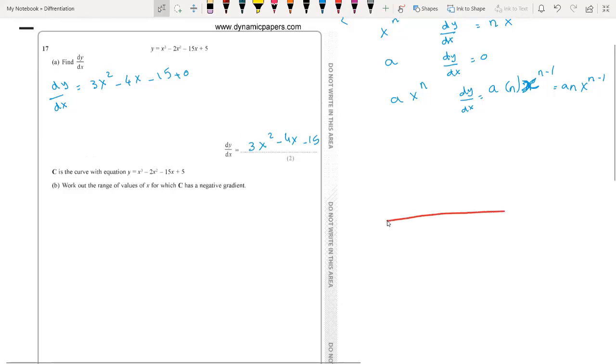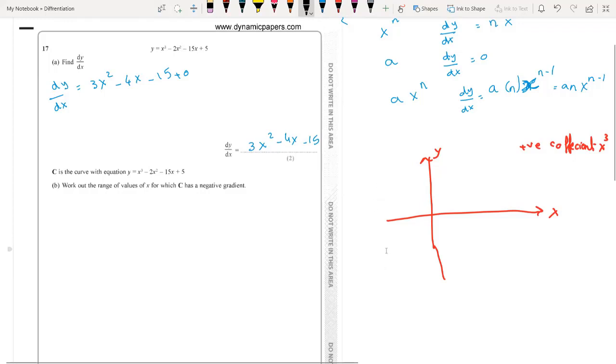In order to draw a cubic function, you need to know the coefficient of x cubed, if it is positive or negative. So we have here a positive coefficient of x cubed. This means that the curve is going to have a maximum and a minimum, and the maximum occurs before the minimum.